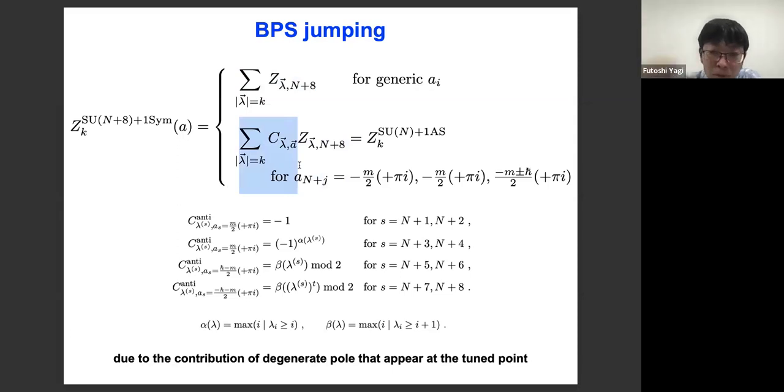So depending on the position of the Coulomb moduli, like if we tune the Coulomb moduli at this smaller subspace, the expression for the Nekrasov partition function changes. In other words, the value jumps at this region. And that's what I'm calling BPS jumping.